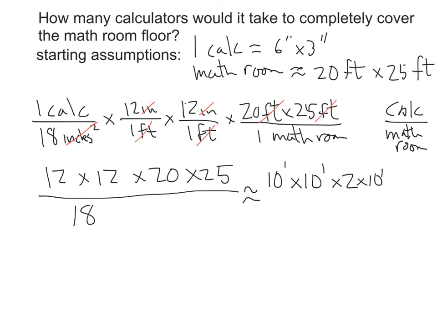And since both the 12s got rounded down, it'll be nice that 25 gets rounded up and gives us 3 times 10 to the first, and that'll kind of compensate for the 10 and 10 approximations of 12 and 12.